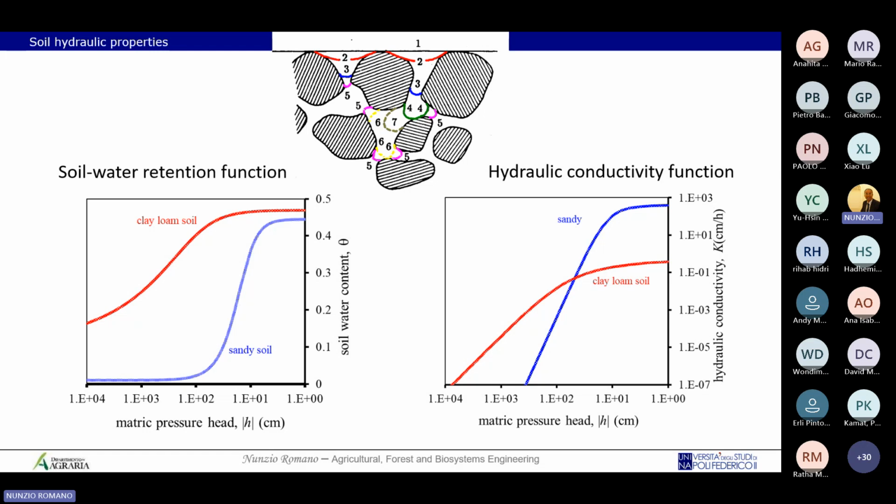Of course, these are only schematic, but they give you an idea of the importance of soil texture, but also of other properties of soil, like the arrangement of the soil particles, what we have called the structure of a soil.